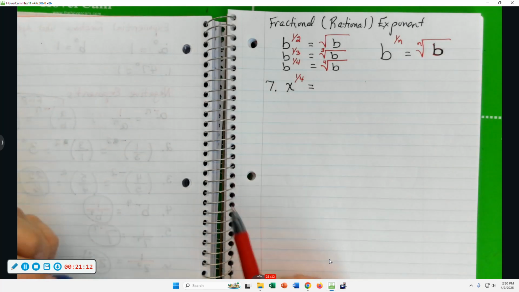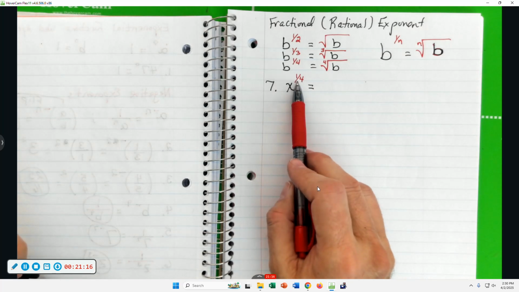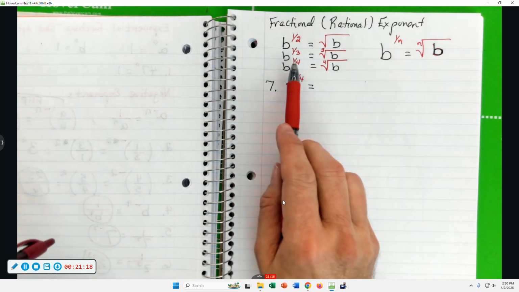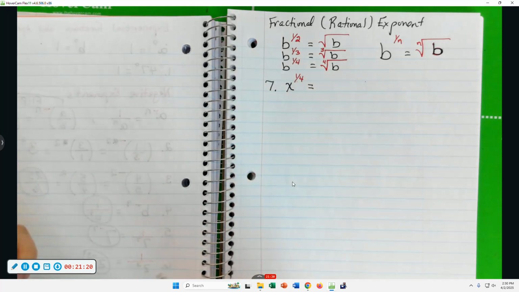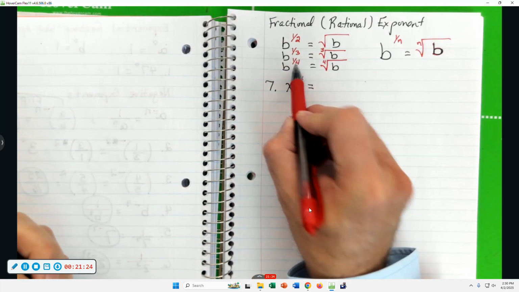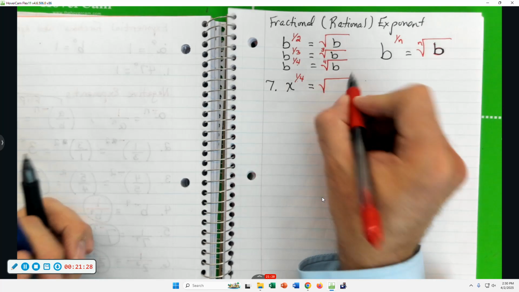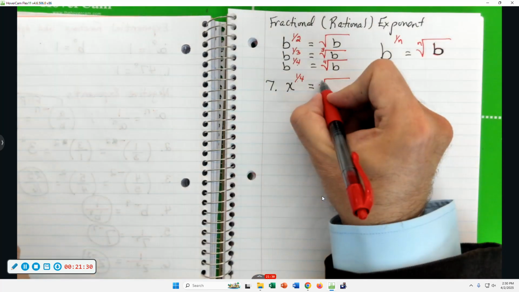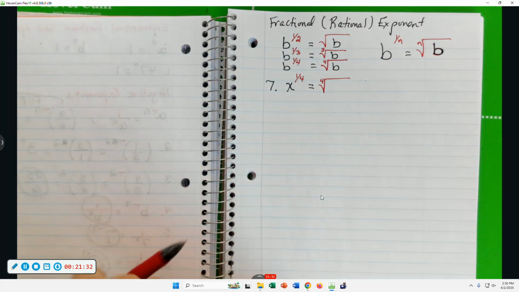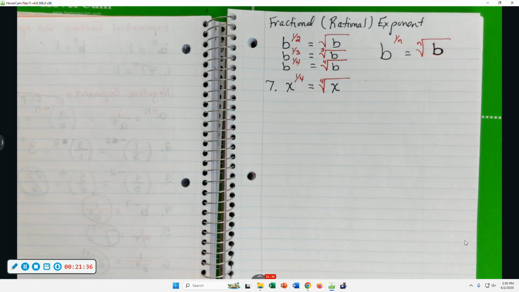Have I said enough for us to do number 7? How do we write this x to the 1/4 without the 1/4 exponent? Well, a 1/4 exponent is the 4th root of x. 4th root of x.